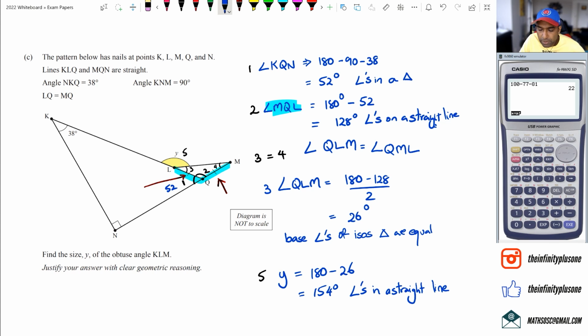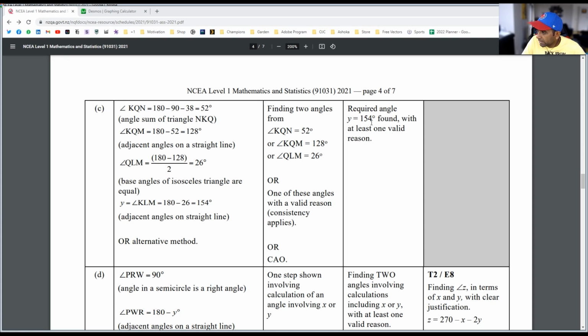Pretty similar to the previous question. It's going to give you merit for the correct answer and one valid reason. So if you look at the answer schedule here, the correct answer of 154 and at least one valid reason, which means any one of these reasons you're going to be getting a merit grade for this question. Like I said, the correct answer only, see that? That's going to get you an achieved.